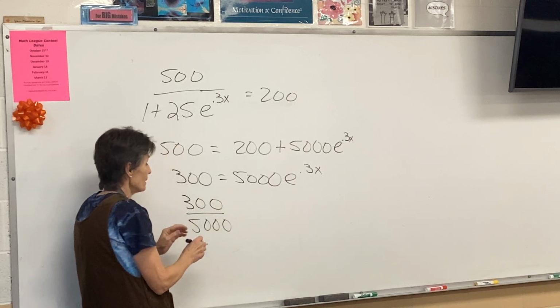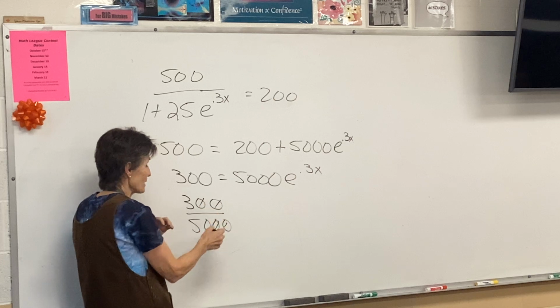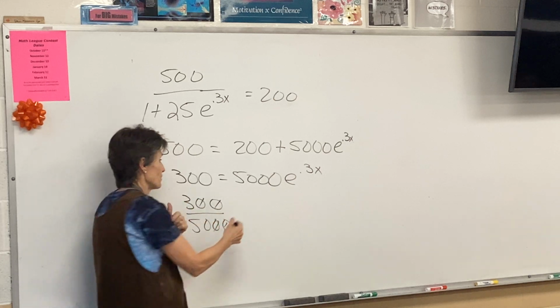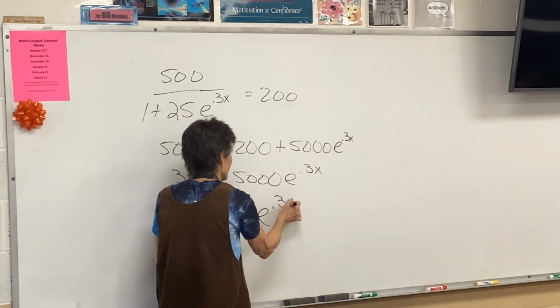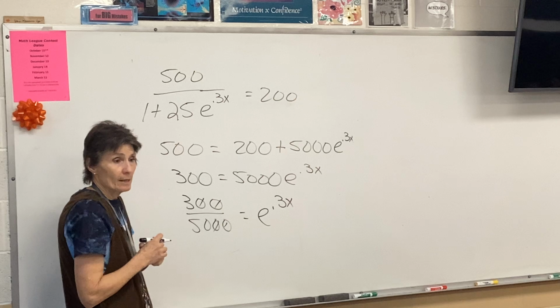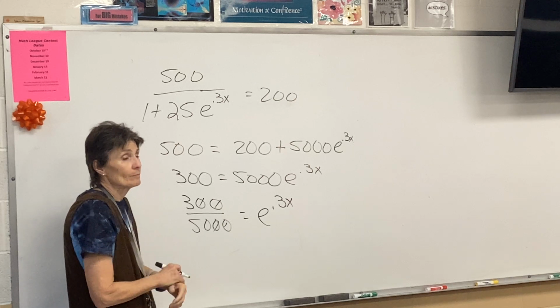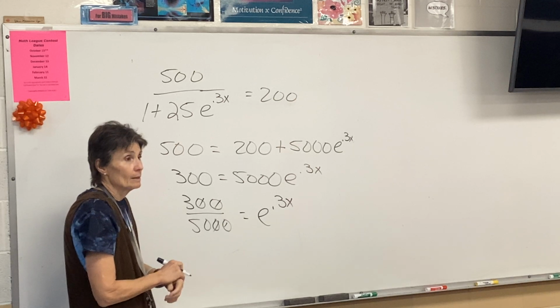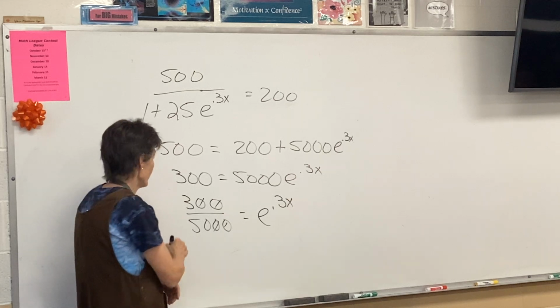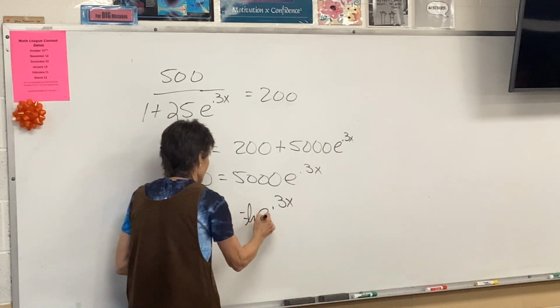And again, you know these zeros are gonna cancel, so it's perfectly okay to cancel it if you want to. You don't have to though. And then now you put LN both sides.